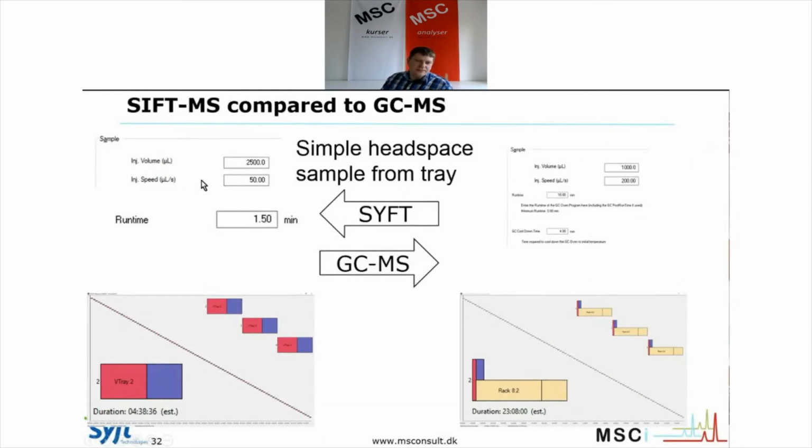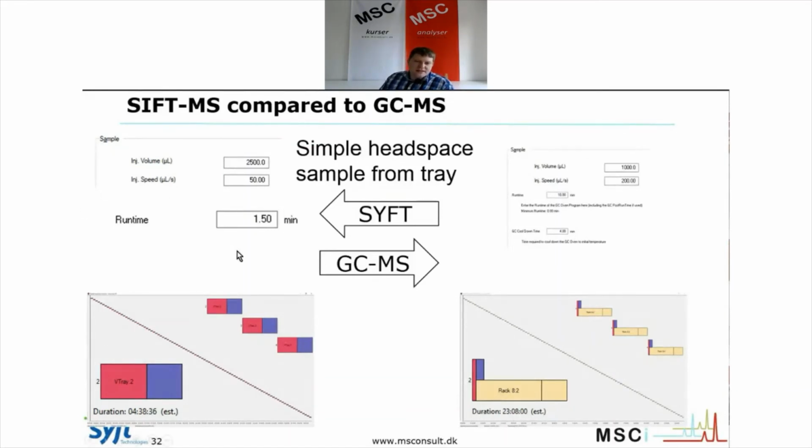And here we can see, here I have a slow injection when using the Syft compared to a fast injection when using GC. And that's just because of the way that it works. Because for GC, you want a fast injection so you can start the chromatography. For Syft, your injection time is actually also your analysis time. So when you're done with the injection, you're also done with the analysis.